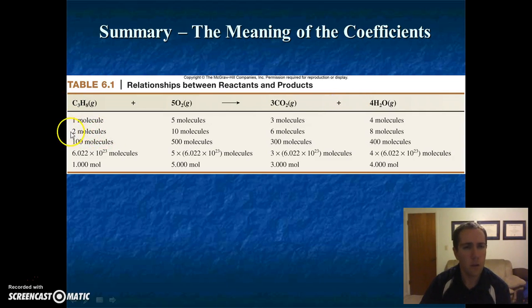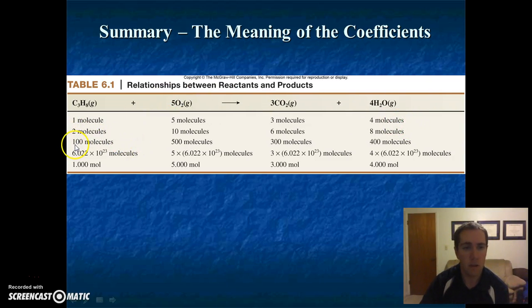So if we start with 2 instead of 1, what this means is that we have 5 times as many oxygens as propane. So we take 2 times 5, which is 10. We get 3 times as many molecules of CO2 out as we start with propane. So 2 times 3 is 6. 2 times 4 means we get 8 molecules of water.